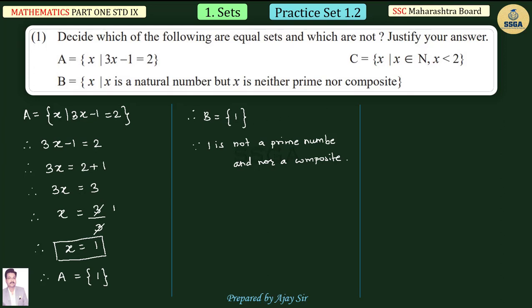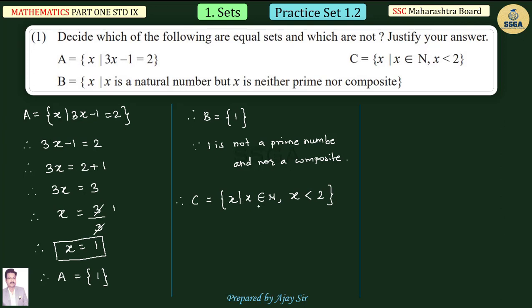Similarly, let us write the third set, set C, which is a set of all x, where x belongs to the natural numbers and x is less than 2.